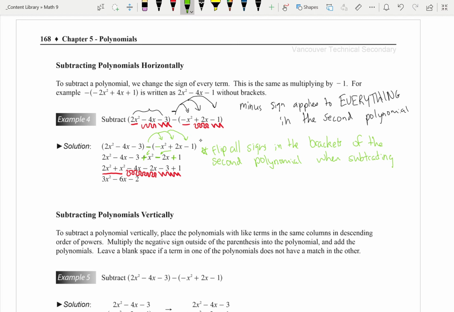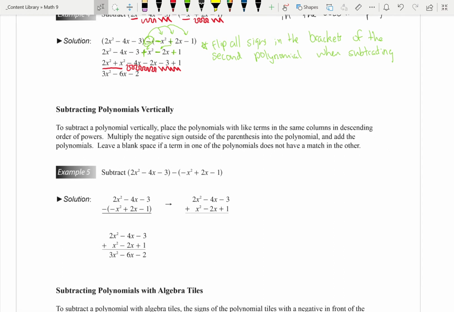The shortcut is the negative becomes a positive, the positives become a negative, and you basically just flip all the signs. So you don't have to worry about each individual one. So long as you see this negative sign here, you can think flip all the signs after it in those brackets. All right, same idea here.